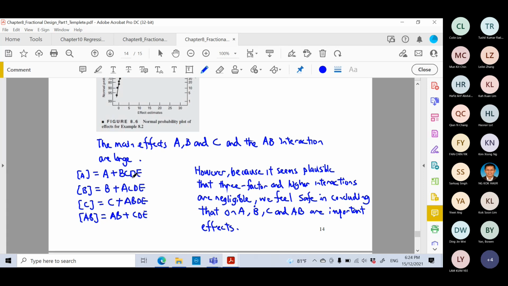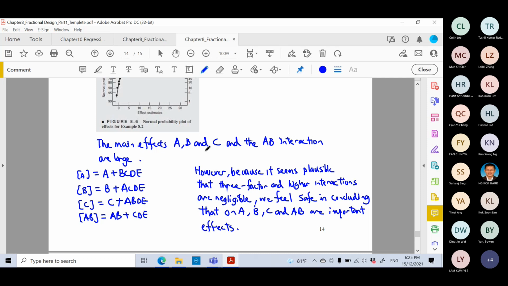Otherwise, you need to run the complete analysis. Now we only run the 1/2, so we expect that based on this 1/2, we can get the information of the important factors. Similar to the previous one, we assume that certain higher order interactions are negligible.